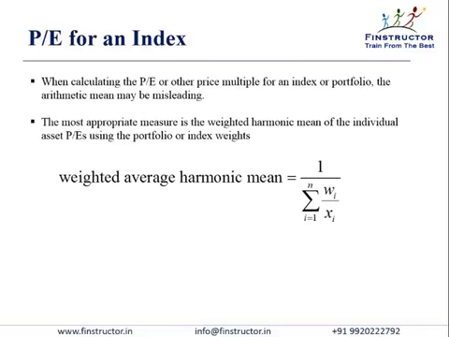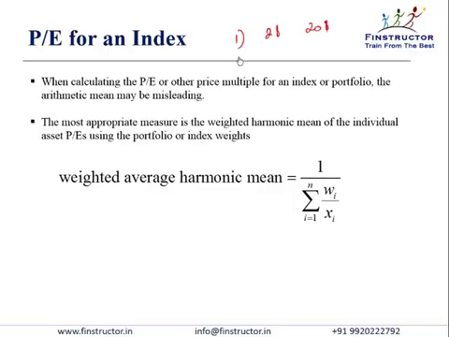Now the last concept in price multiples tries to tell us how to calculate the price earnings ratio for an index. Please note that if there are many stocks, like say there is stock 1 with an earnings expectation of $2 and a price per share of $20.